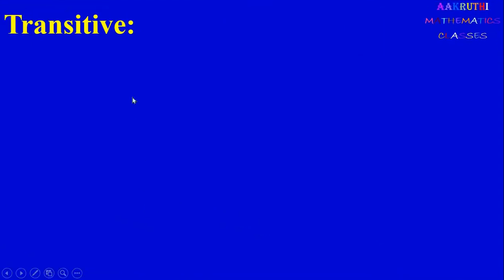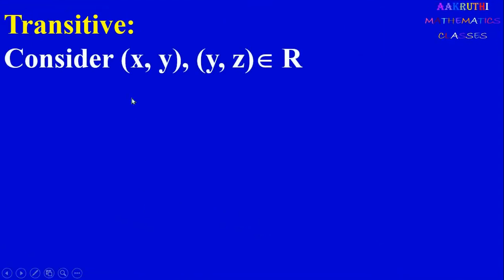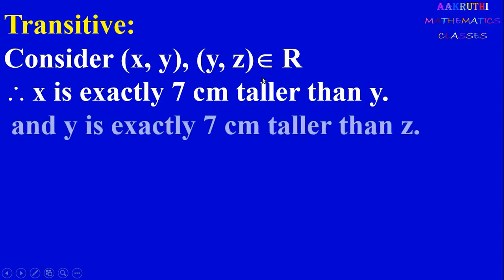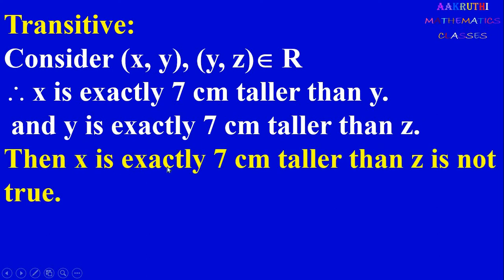So next it is transitive. We consider (x, y) and (y, z) belongs to R. If (x, y) belongs to R, then x is exactly 7 cm taller than y. If (y, z) belongs to R, it implies y is exactly 7 cm taller than z. Then x is exactly 7 cm taller than z is not true. x is 7 plus 7, that is 14 cm taller than z.